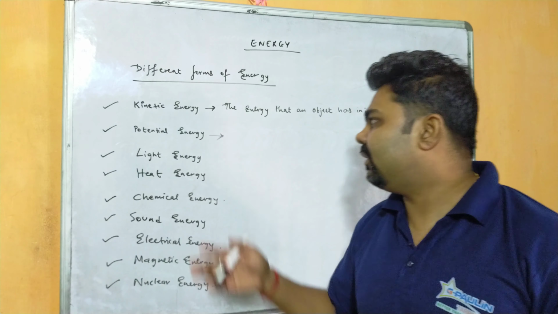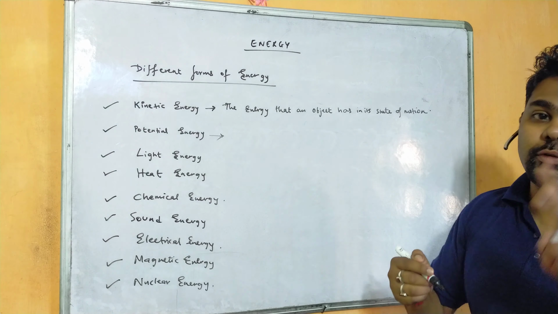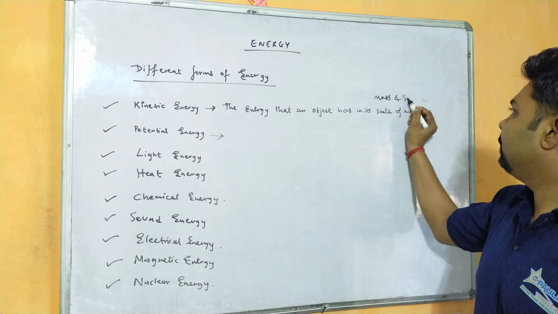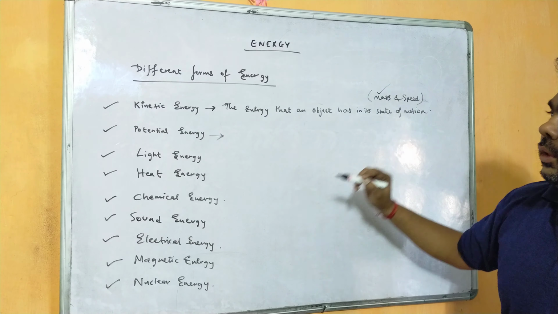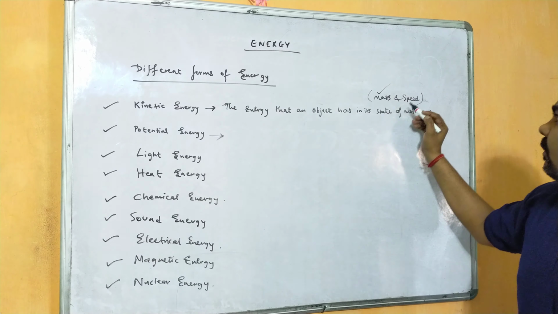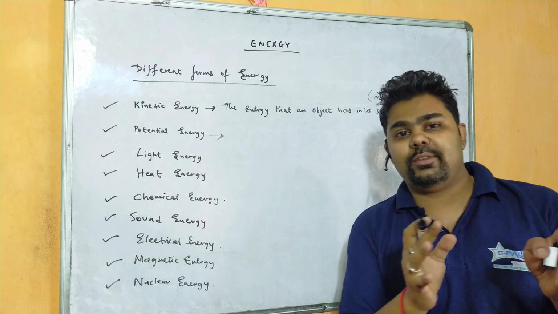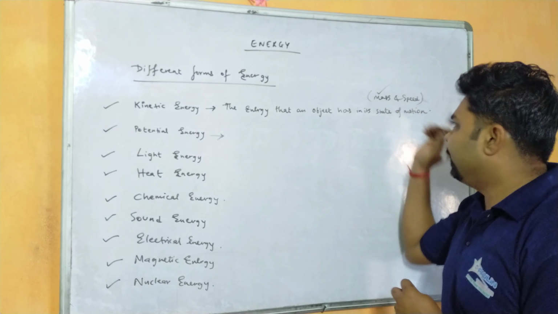So potential energy depends upon position, whereas kinetic energy depends upon two factors, that is mass and speed. If the mass of an object is more, then we say the kinetic energy is more. If the speed of an object is more, then we say that kinetic energy is more. So kinetic energy basically depends upon two factors, mass and speed, right?